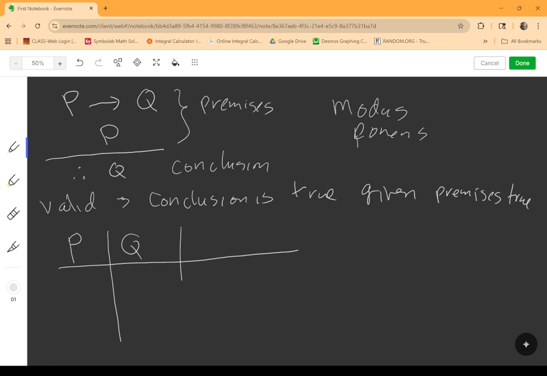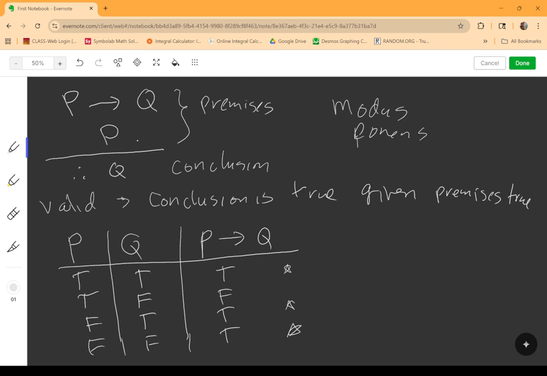So P, Q, P implies Q. All right, so here P, true, true, false, false, Q, true, false, true, false. And we saw here that this is true in every case except the true, false, when the promise is not kept. Okay, so the way you read this is we look at when are the premises true? P implies Q is true here.